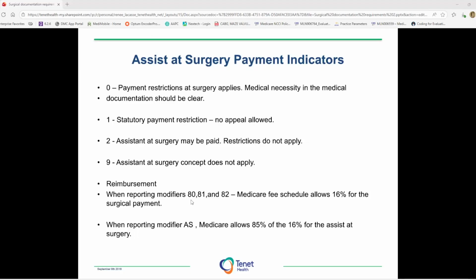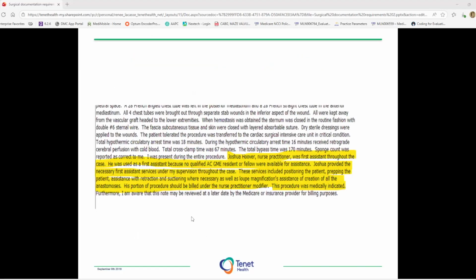When reporting modifier 80 and 81, the Medicare fee schedule allows up to 16% for the surgical payment. When reporting with an AS, Medicare allows 85% of the 16% for the assist. Here is an example of what the documentation should look like when the assist is present.